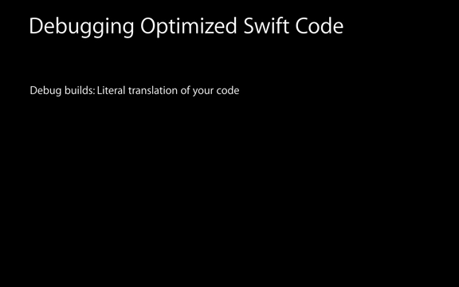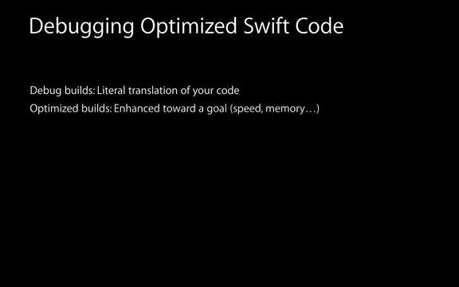The fact that it's such a literal translation is actually a good thing for debuggability, and that's why they're called debug builds. If my code is translated literally, as I'm debugging through it, it's really easy for me to see the correspondence, evolution in machine code execution, evolution in source code execution. It's really easy for the debugger to maintain that correspondence between what you wrote and what is actually going on on the bare metal, on the hardware.